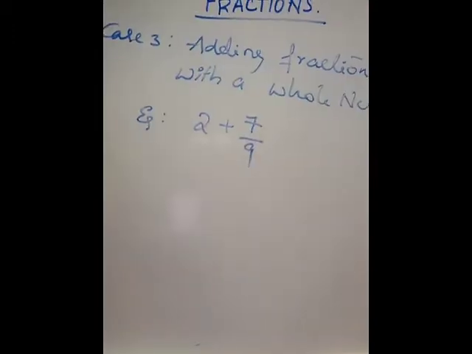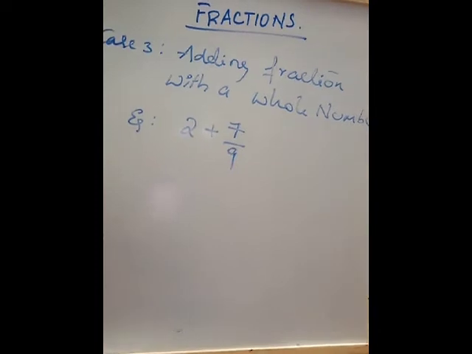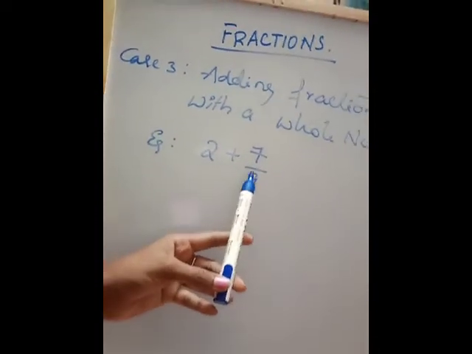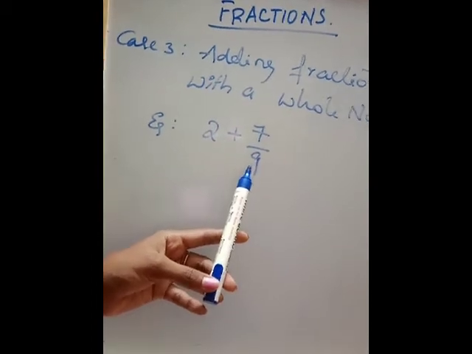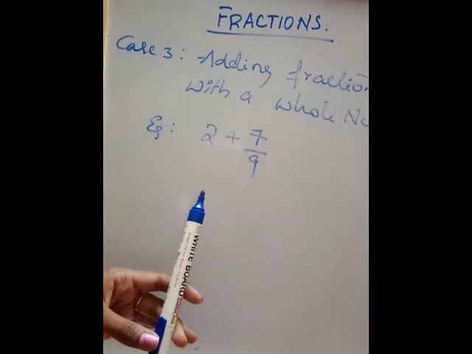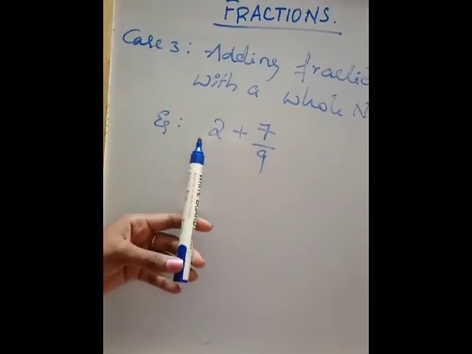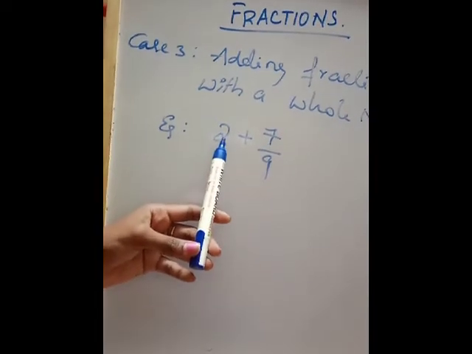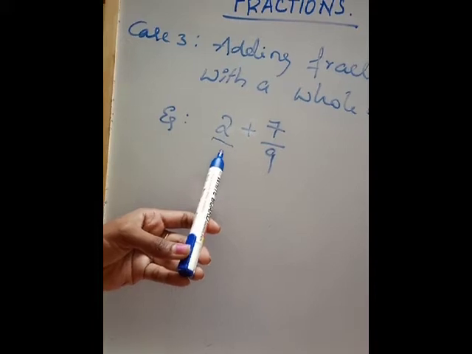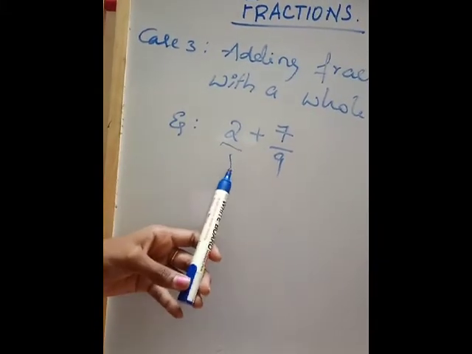Next case, adding a fraction with a whole number like this. Here 2 is a whole number and 7 by 9 is a fraction. Now how to add these two? There is no difference. This also comes under the case of unlike fractions. Because every whole number will have a denominator 1.